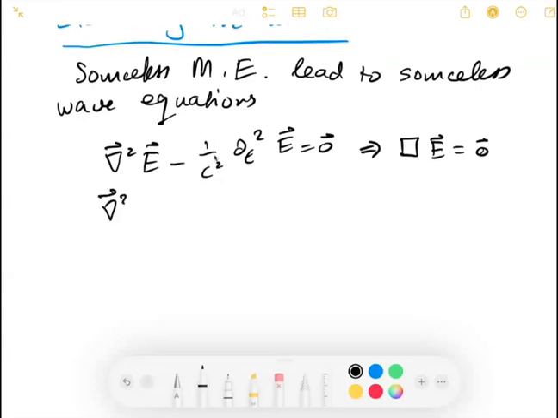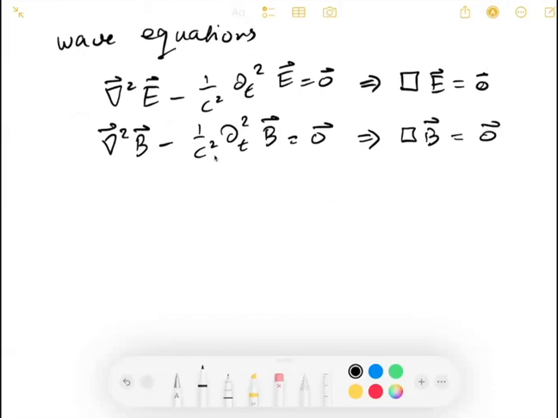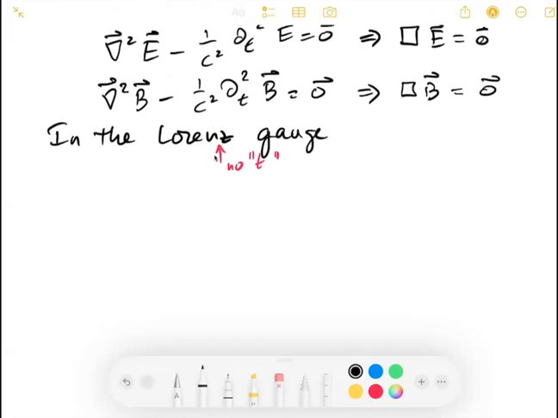And similarly, del T squared of B, and then in the Lorentz gauge, so remember no T here. In the Lorentz gauge, we can write a wave equation for the vector potentials like this.